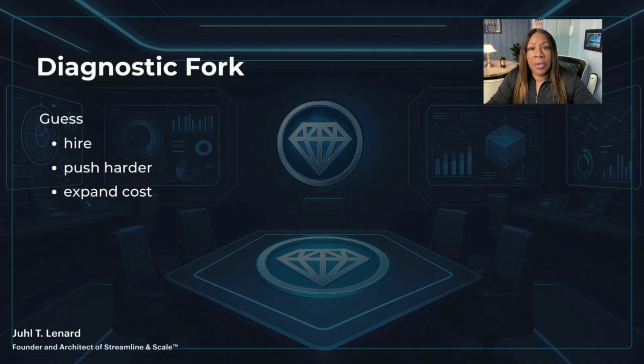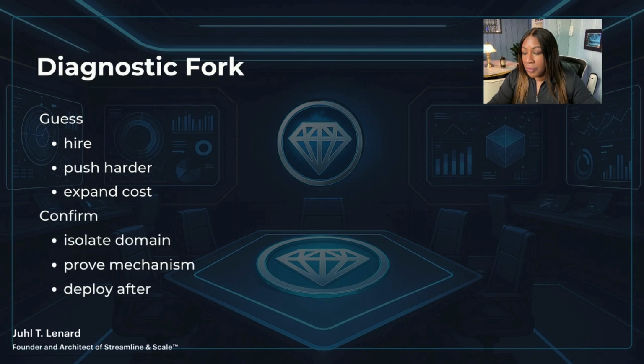What are we going to do? You can guess and hire, push harder, and expand your cost structure. The other thing you could do, though, is confirm by isolating the domain, identify the pattern, prove the mechanism, see what's happening within the business, and then deploy.